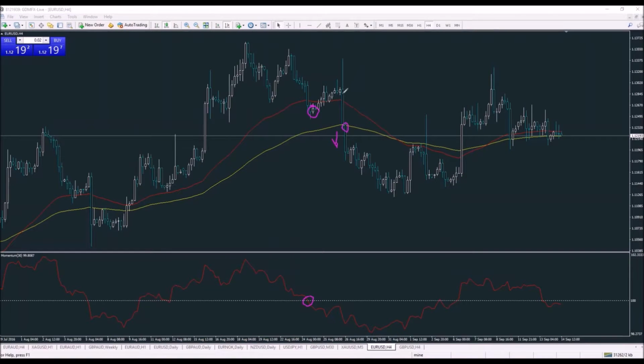The first indication is a large momentum bar, or candlestick in this case, closing below the 50 exponential moving average.